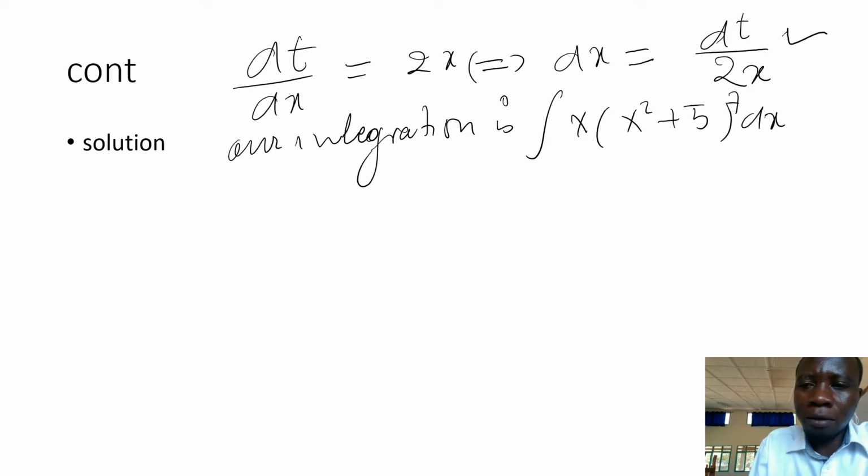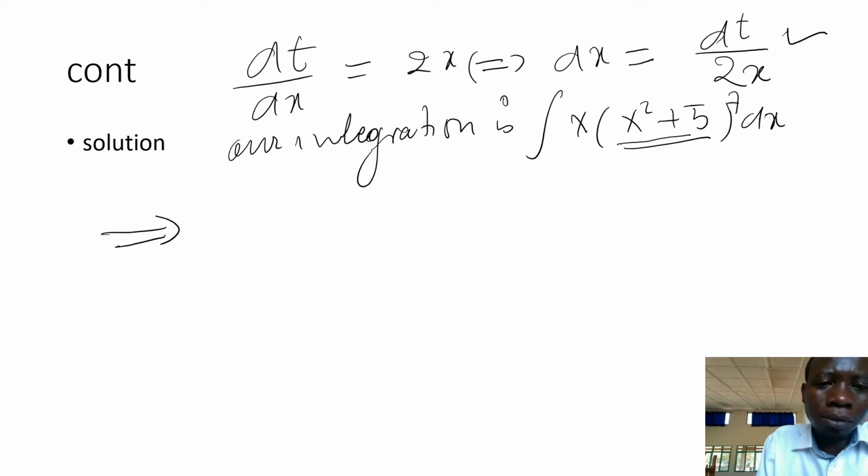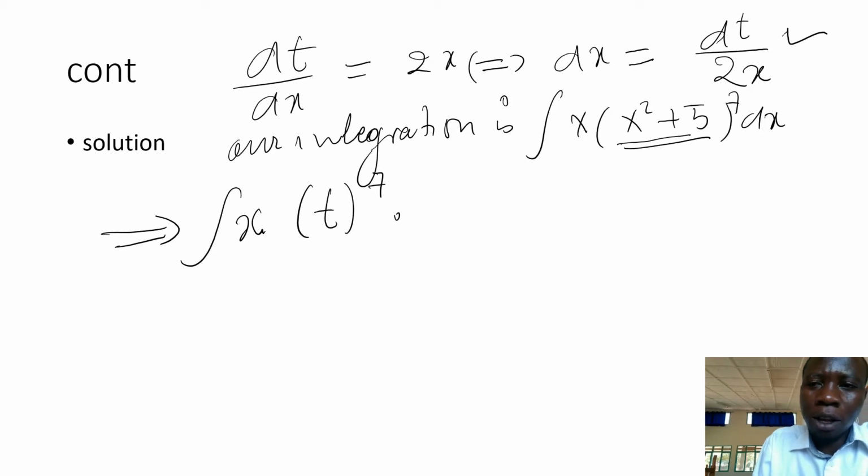So the bracket is t, we have x, then this will be t power 7, and the dx is replaced by dt over 2x.